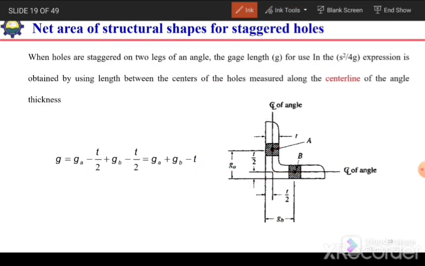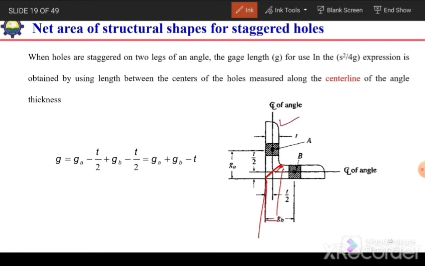Okay, so to calculate the net area, we translate or rotate this section to make a straight plate. We cut it over here and then rotate, so it will become a member like this.